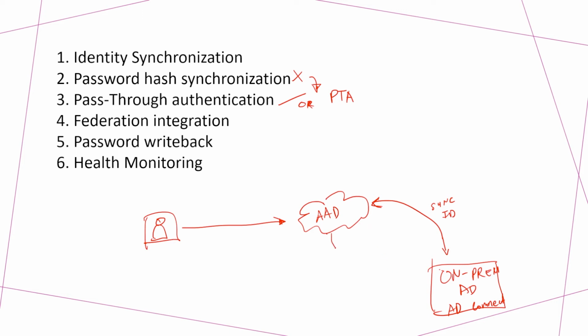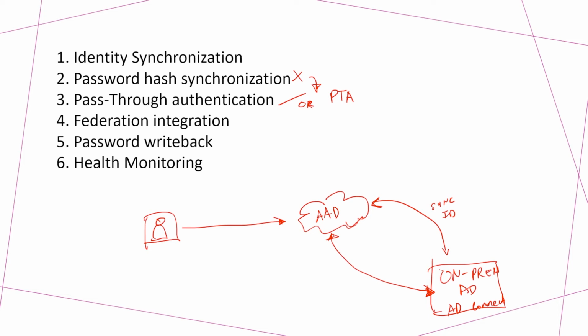So it will then send all the information to on-prem AD, and let on-prem AD do the authentication. So there's no synchronization of password hash whatsoever. It's basically just passing the information to on-prem AD and letting on-prem AD do the authentication. As simple as that.